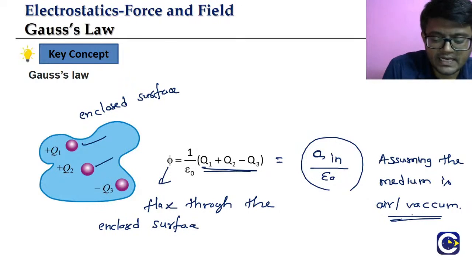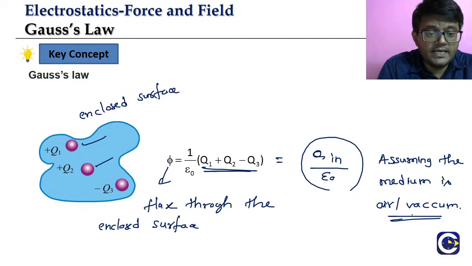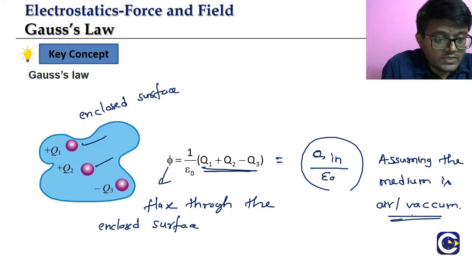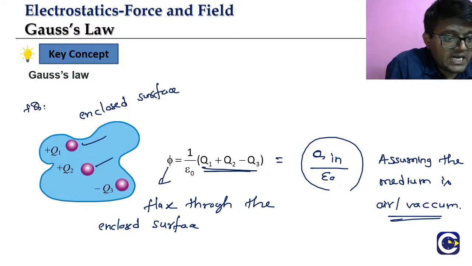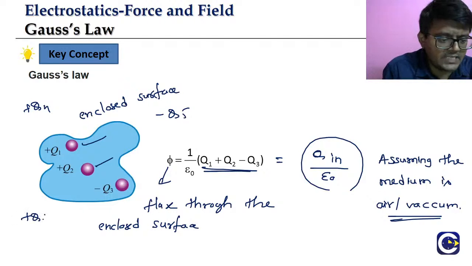It is giving us straight away the flux value through the enclosed surface. So look, it is linking the flux through the enclosed surface to the charges inside. Okay, so look, outside the enclosed surface, let's say there is a charge plus q4, and similarly charge minus q5, charge plus q6.